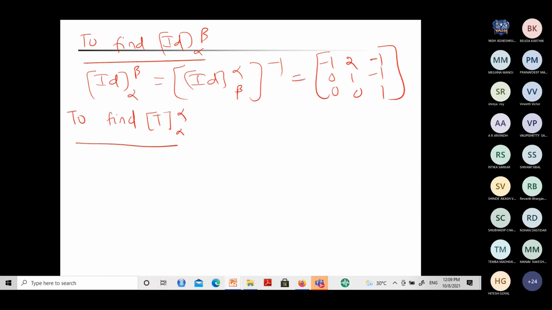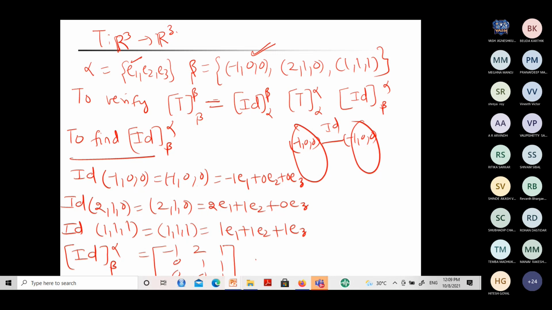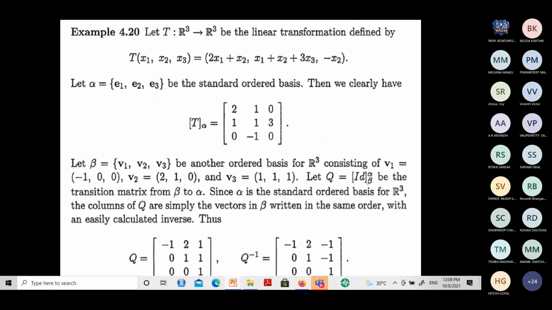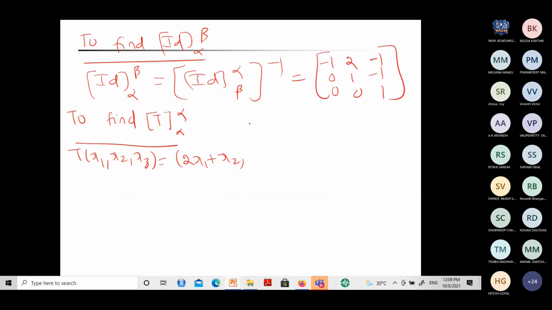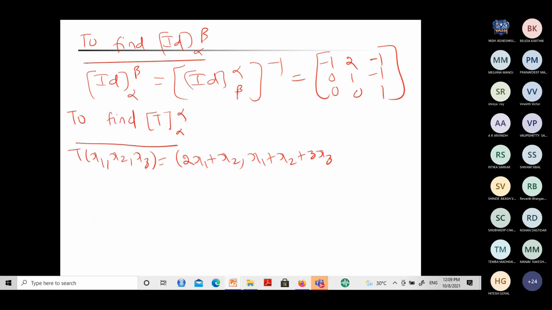T of (x1, x2, x3) is (2x1 + x2, x1 + x2 + 3x3, -x1 + x2).